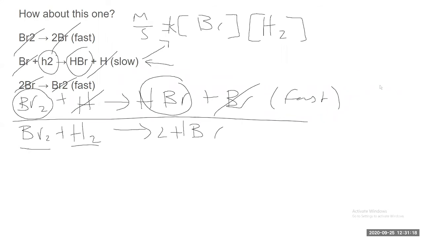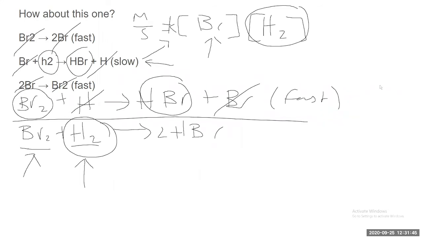That apparently is our rate law right now. When we look at our real equation, we know H2 is there. However, Br is not there, but we have Br2. So we need to use a different equation to equate Br and Br2.